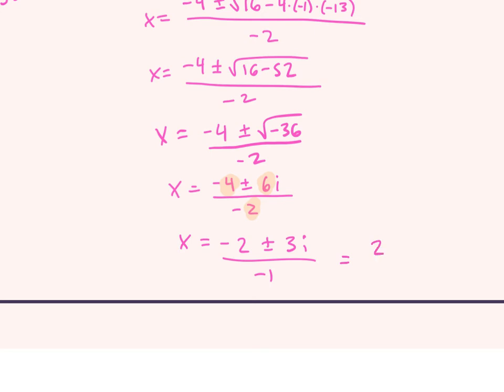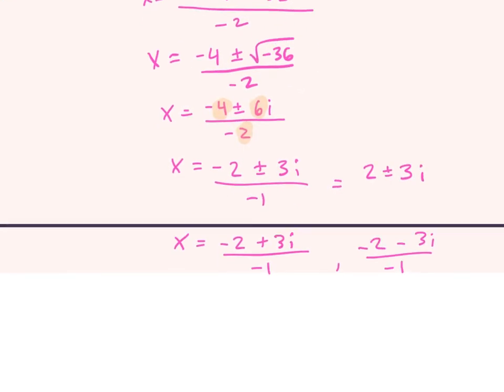So this is now a positive 2. Again, this is plus or minus. It doesn't change. 3i. So if we wanted to, we could split this up as negative 2 plus 3i over negative 1 and negative 2 minus 3i over negative 1.